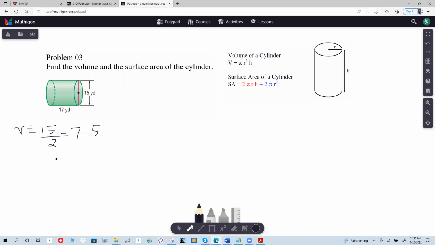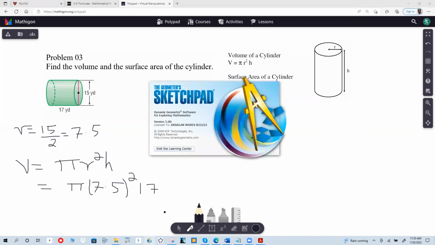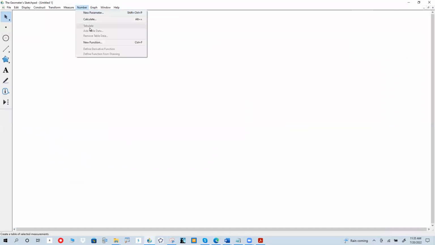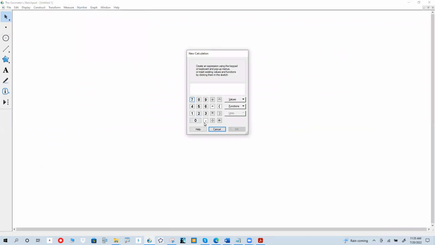Now, the volume is going to be, I'm just copying the formula, pi r square h. And pi is just a number, 3.142. R is 7.5 squared. H is 17. And I am going to use my calculator to find 7.5 square times 17.